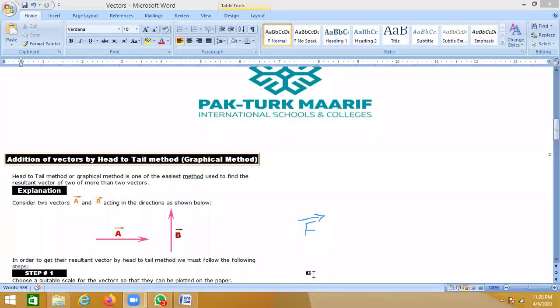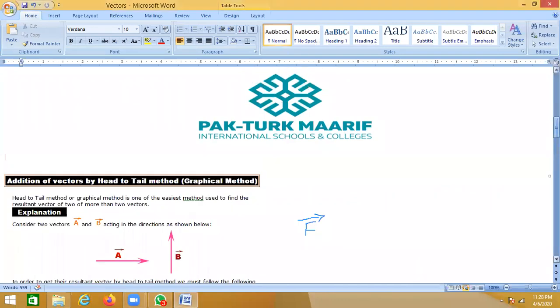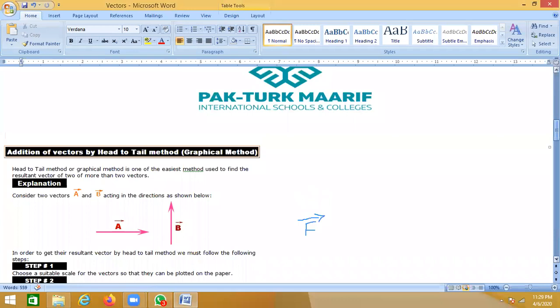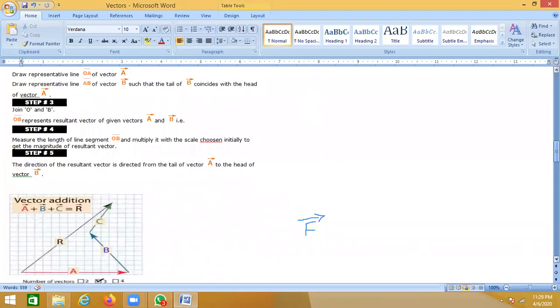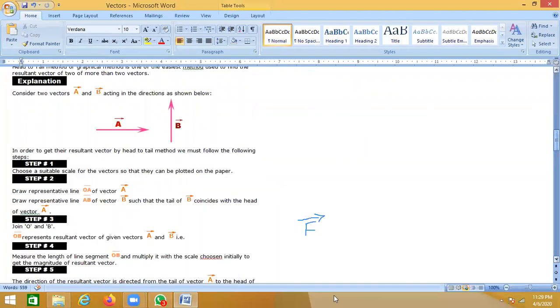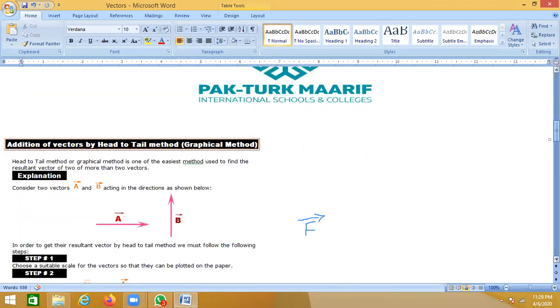Okay, so now we are looking at the vector addition method, the graphical method through which we will be adding two or more than two vectors together, right? So let me explain apart from these steps. You can follow these steps also, and you can see there is a diagram here, which is representing vector addition when we are adding two or more than two vectors.